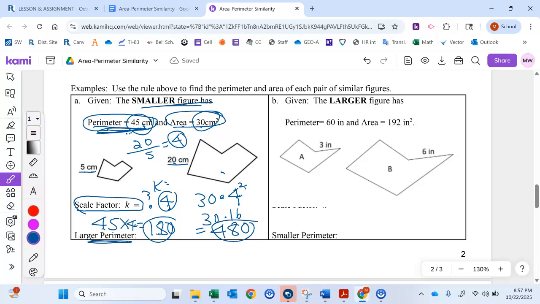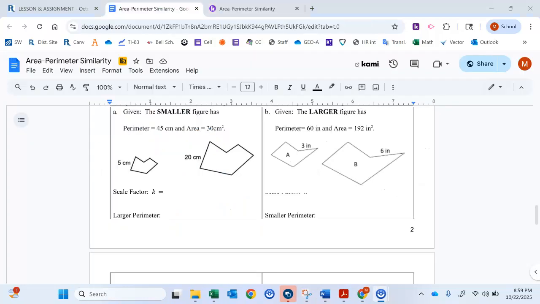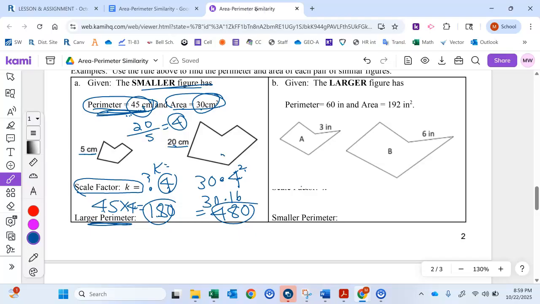Okay, so step number 1, what we're going to do is figure out what is the scale factor. What is k equal to, right? Well, we can take 6 and divide it by 3, and we get 2. So that's your scale factor, okay? Now, what's very important about this is we are given information about the larger figure.